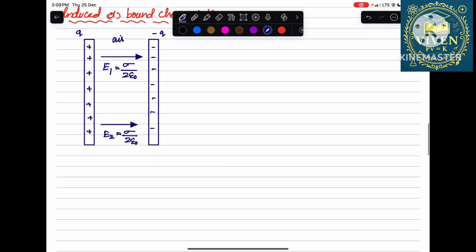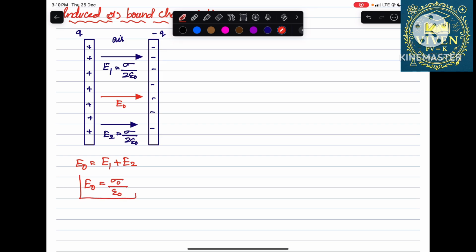So what is the net electric field between the positive plate and the negative plate? Here I would like to consider this as E naught. This E naught is given by the net electric field due to the two charged plates, that is E1 plus E2, which amounts to E naught equal to simply sigma naught by epsilon naught.